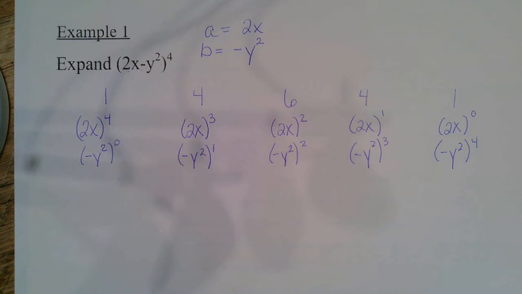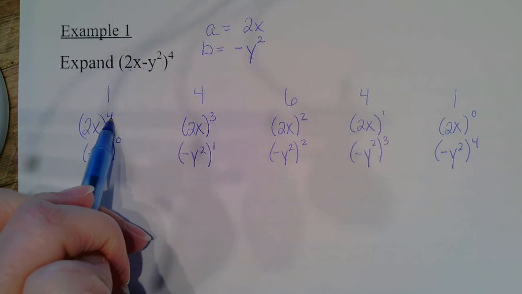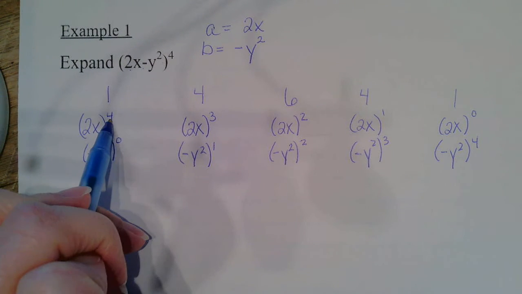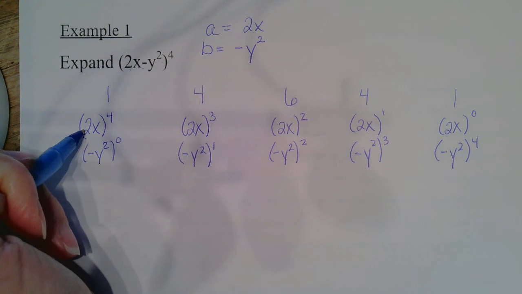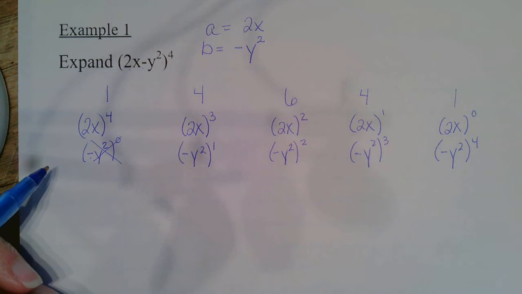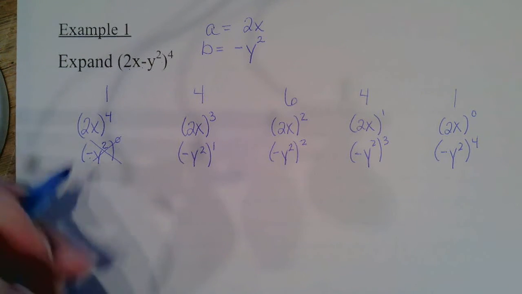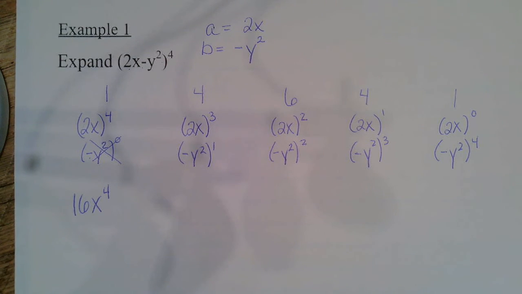So on my first one, 2x to the 4th, remember, is 2 to the 4th and x to the 4th. 2 to the 4th is 16. This is 16x to the 4th. Anything to the 0 power is 1, so that's not going to have an effect on my answer. So this first term is just going to be 16x to the 4th.